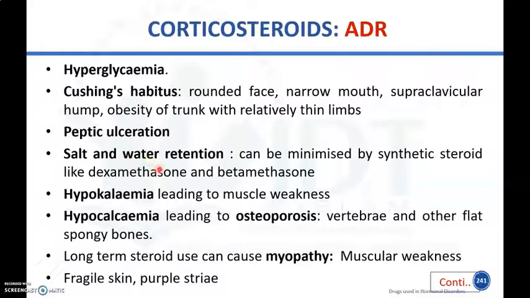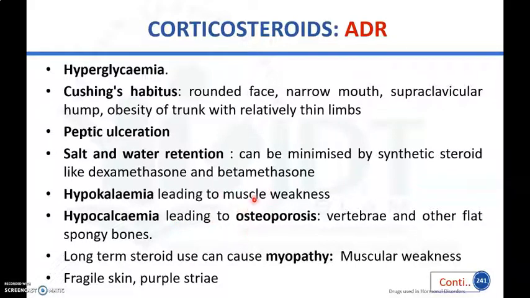Now, water and salt retention can be diminished by synthetic steroids like dexamethasone and betamethasone. Long duration of use of corticosteroid may lead to hypokalemia, which may lead to weakness of the muscle, and hypocalcemia due to increased excretion and decreased absorption by the corticosteroid.